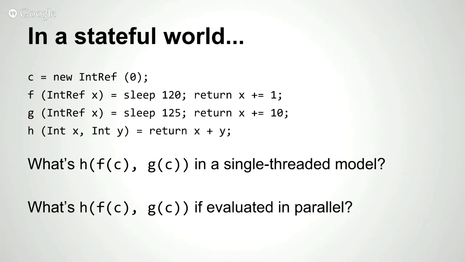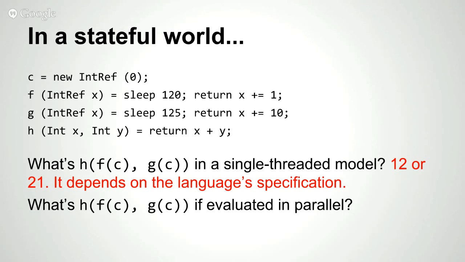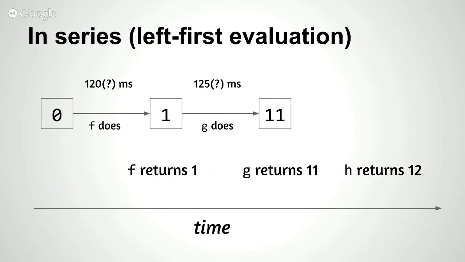I wasn't looking at h. Because g is going to return 11, you're thinking, right? Well, in a single-threaded world, it's going to be 12 or 21. Because they're references, right? It's a pointer. I didn't specify the order.